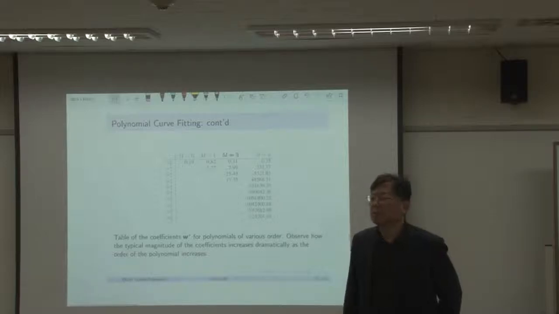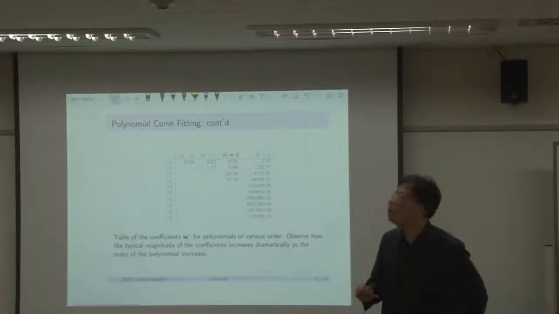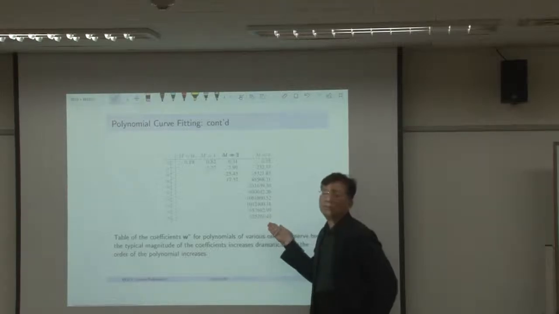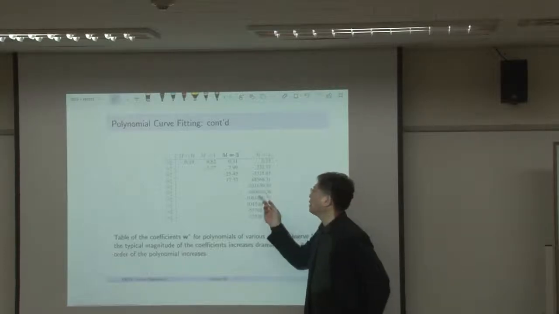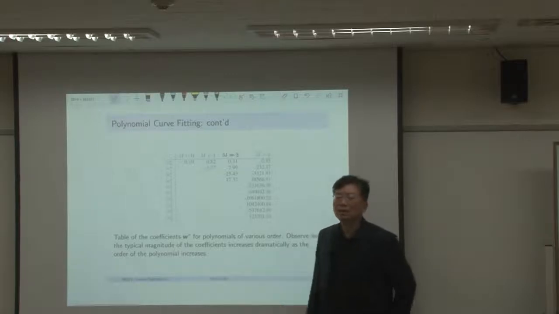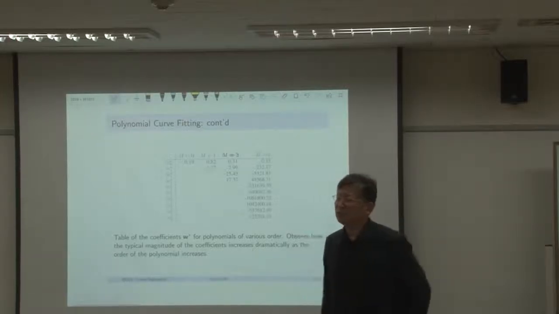Sometimes it's very difficult, but if you have W's going crazy, minus, plus, why is it going crazy?